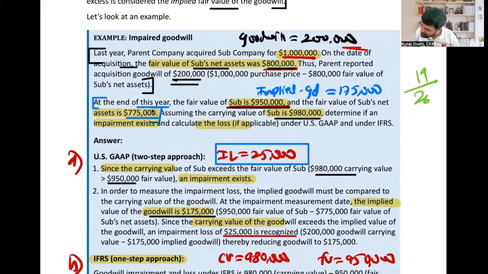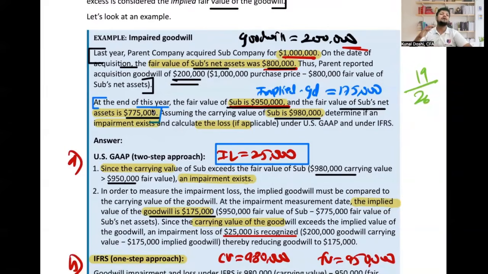So here at the end of this year, the fair value was 915. The fair value of subs net asset is 775. So the fair value of the company and the net asset is recalculated on the impairment date and then tested again. That is your implied goodwill. So one goodwill is actually the amount that you paid when you bought the company.